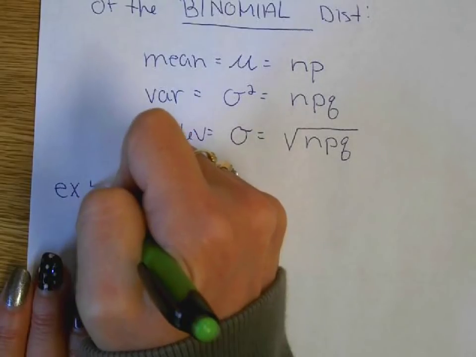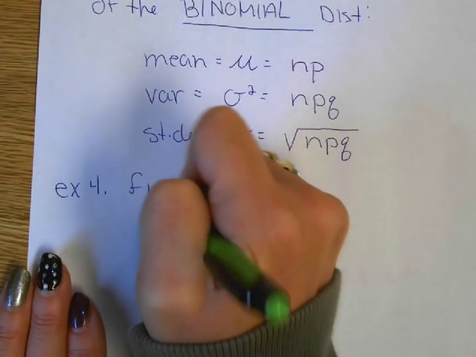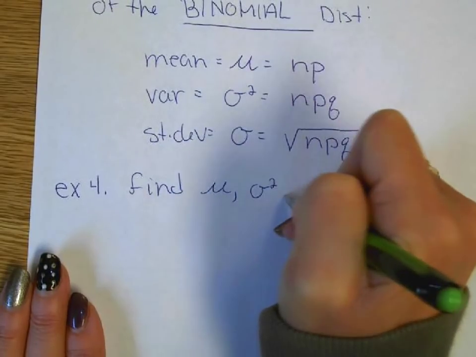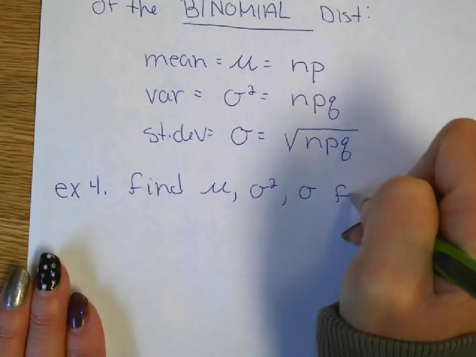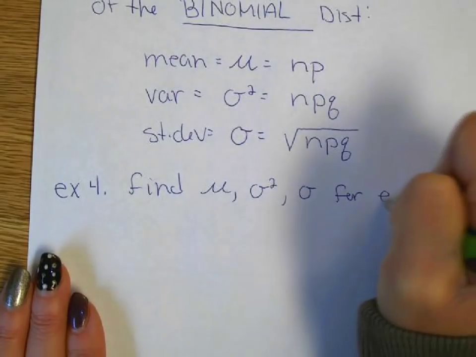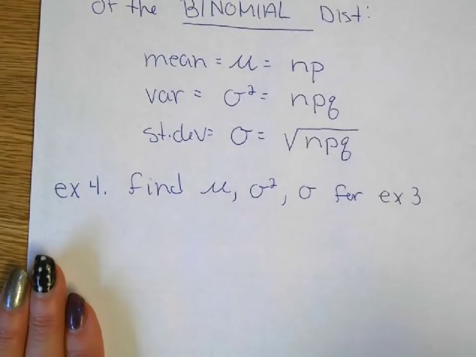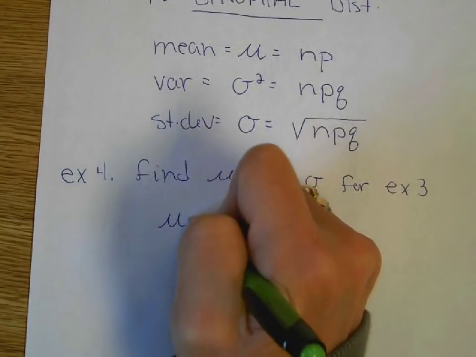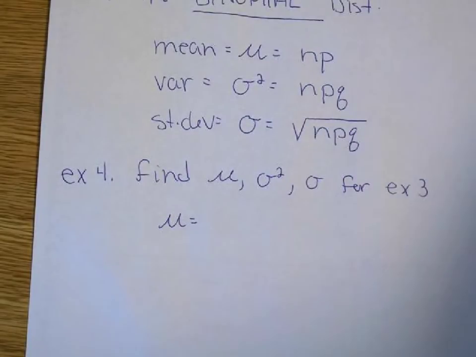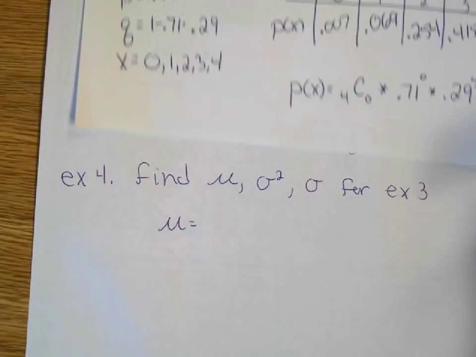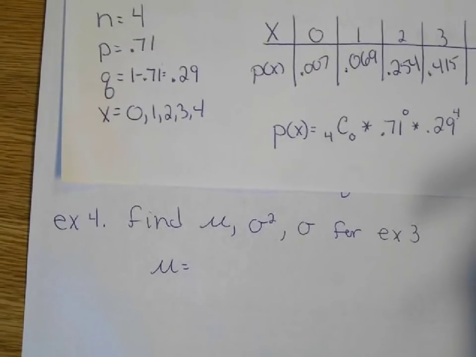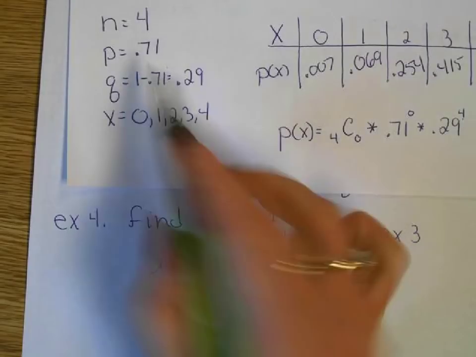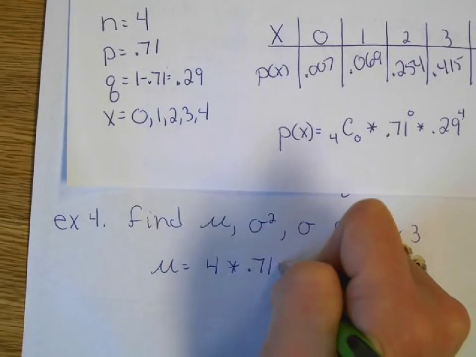Example 4. Can you find the mean, the variance, and standard deviation for example 3, which had the retired people in it? So, to get the mean, I need the number of trials. I was doing 4 trials. Probability of success on each trial is 0.71.